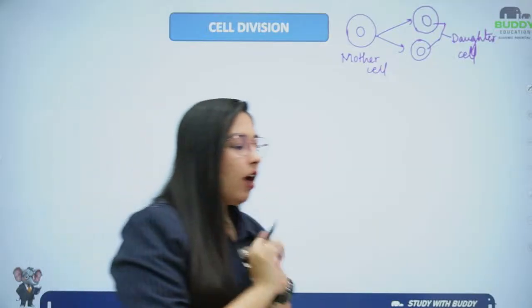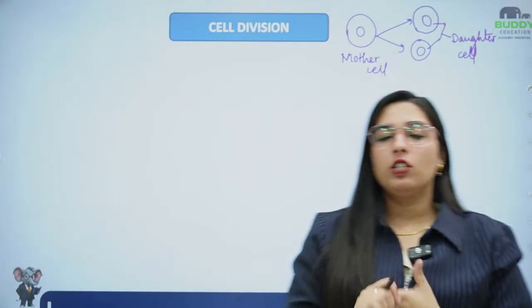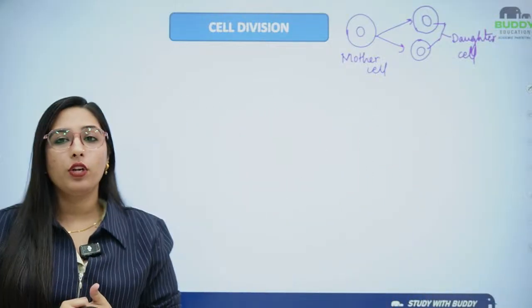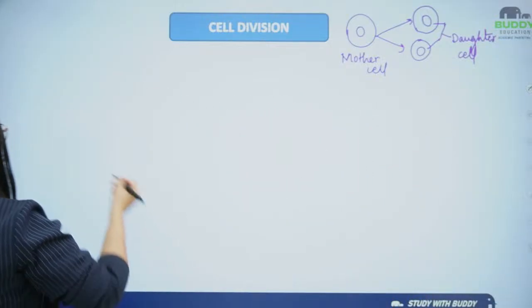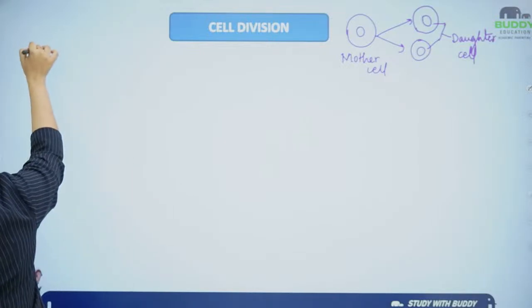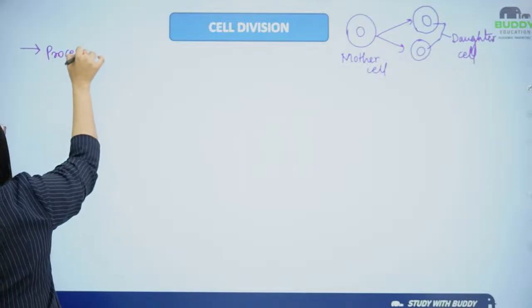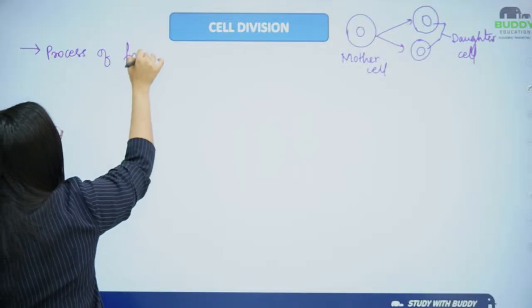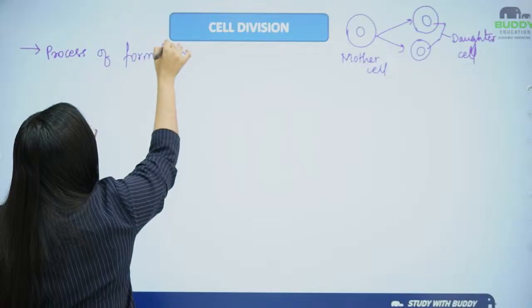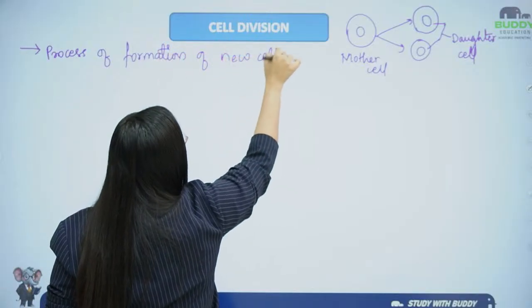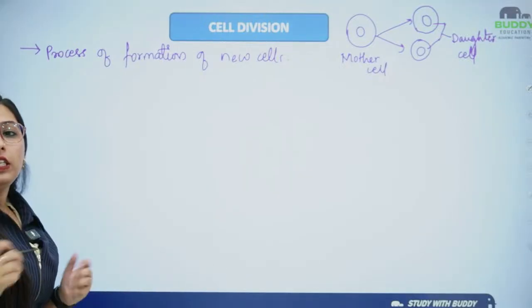Now, cell division is basically a process where the formation of new cells is going on. Cell division is a process of formation of new cells.